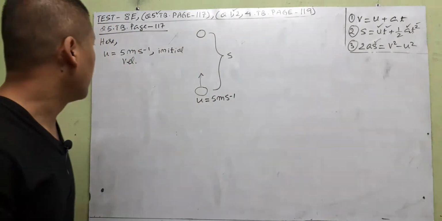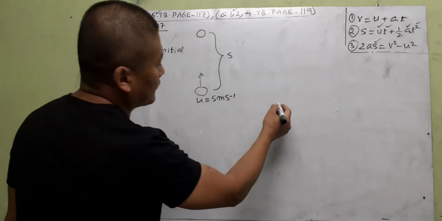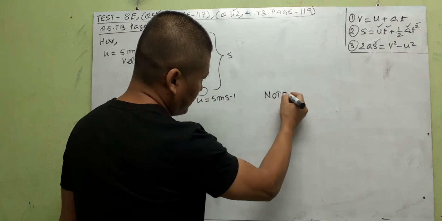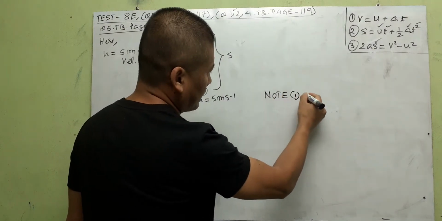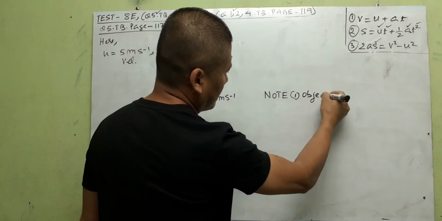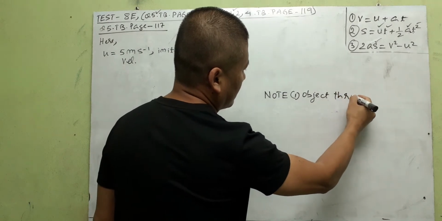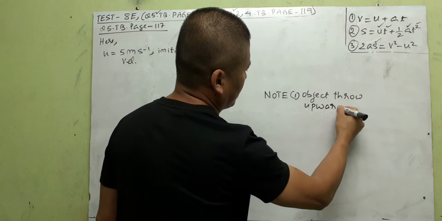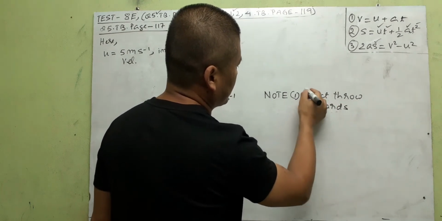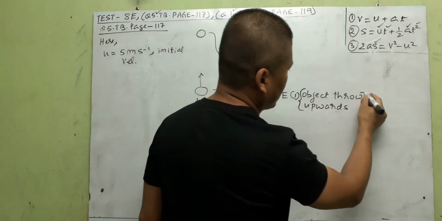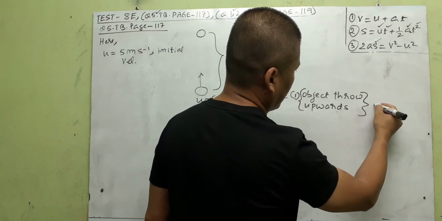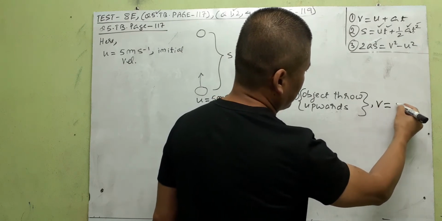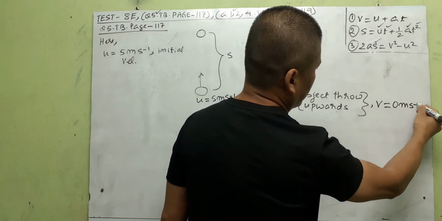Now let us remember this. You can write it down as a side note in your notebook. For an object thrown upwards, against gravity, v is always going to be 0 meter per second.